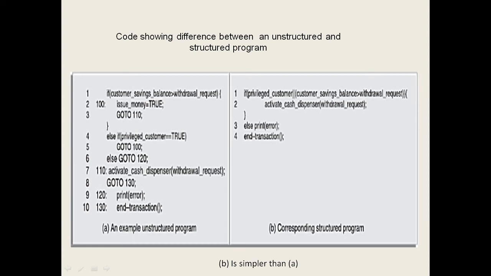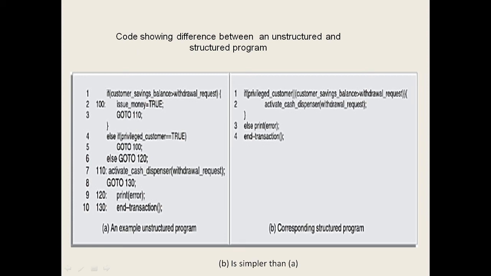So there is a path, first statement to second statement, then from the second statement it transfers to the statement labeled 110. If the condition specified in the if statement is true, the sequence of execution will happen.